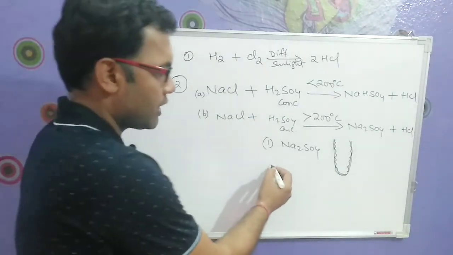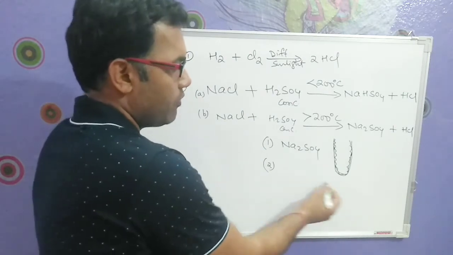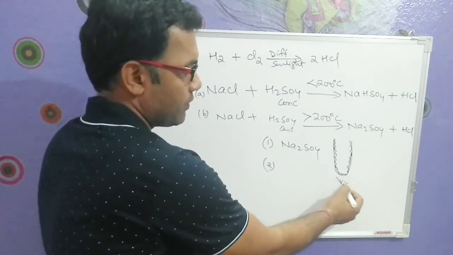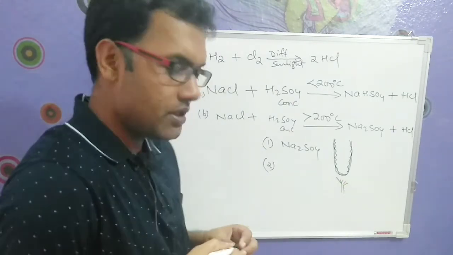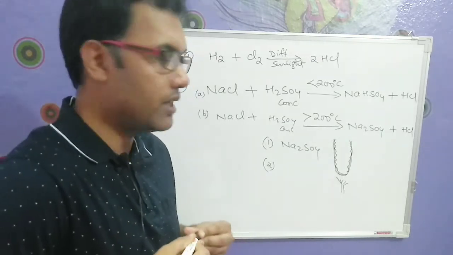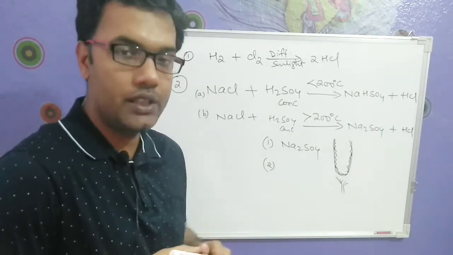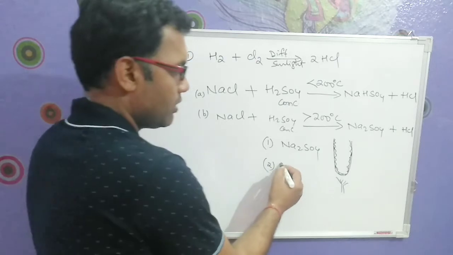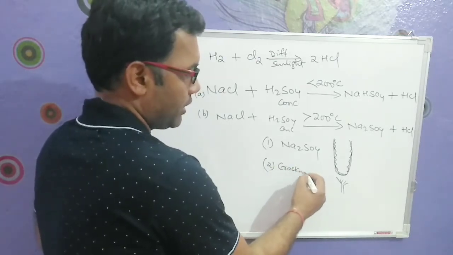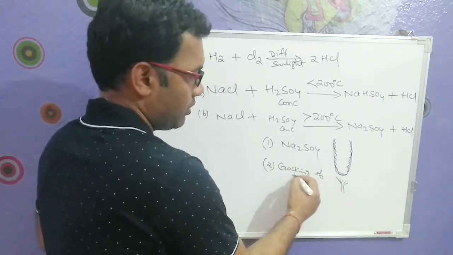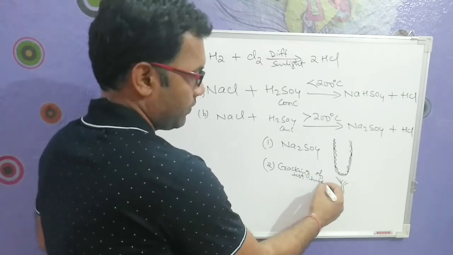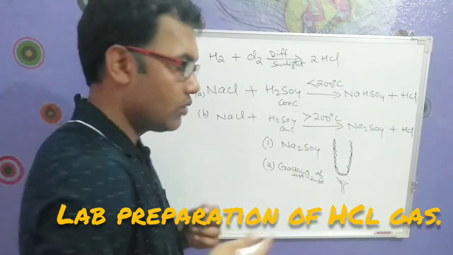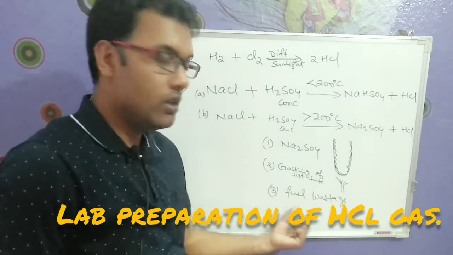Okay. Second reason, if we provide heat to this, then what happens? There will be abnormal heating and there is a chance of cracking of the test tube. So your second reason will be cracking of test tube. Is it clear? Now the third point is fuel wastage.